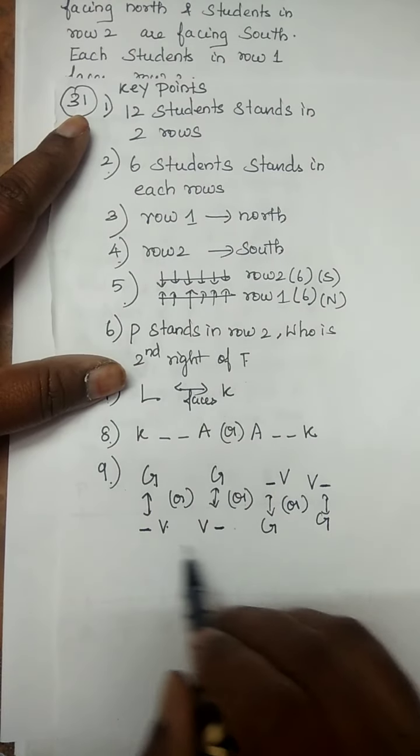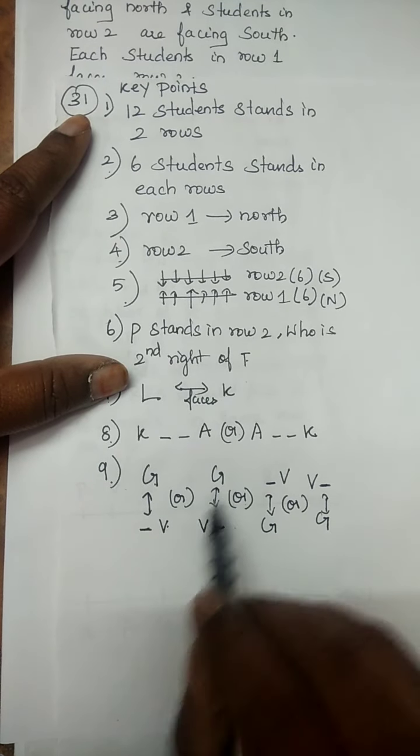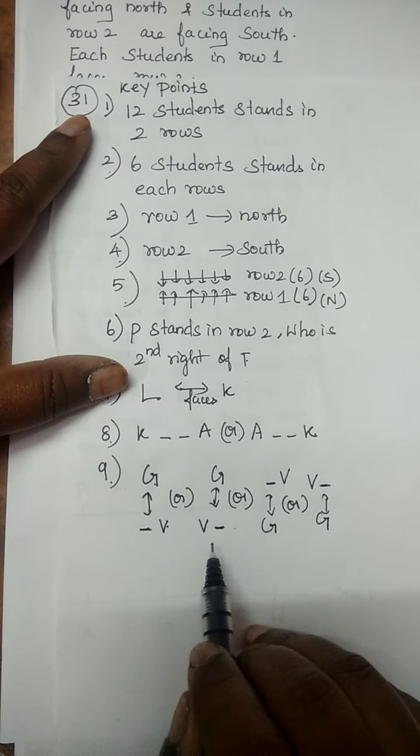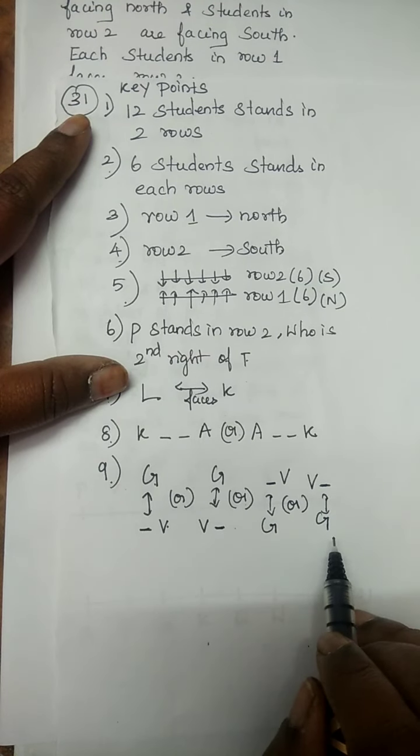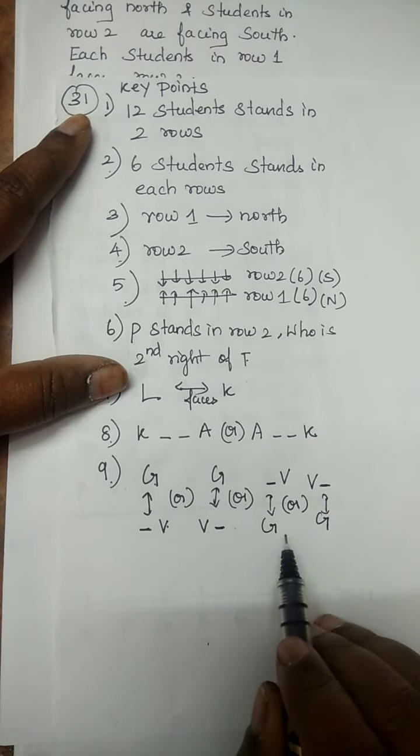So there are 4 options. If G is at row 1, V will be at row 2, and if G is at row 2, V will be row 1. So there are 4 options.